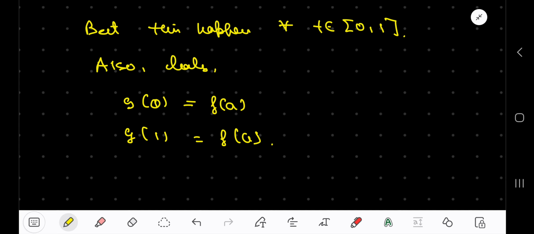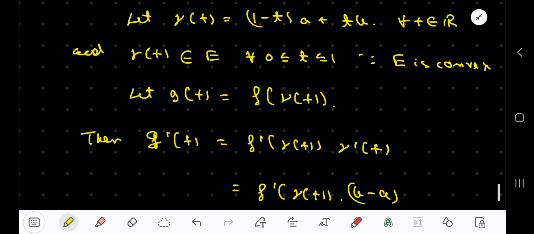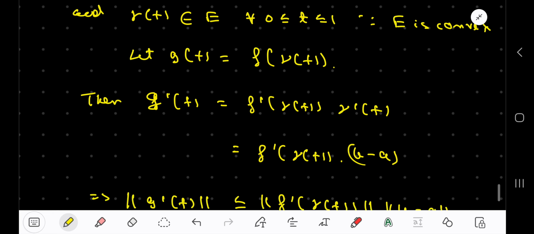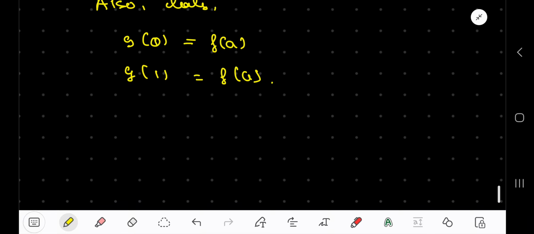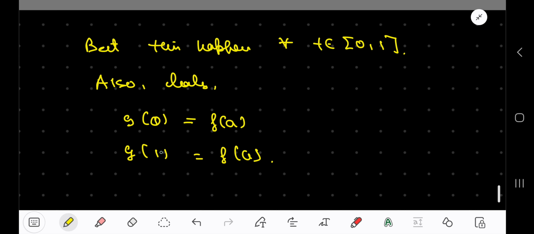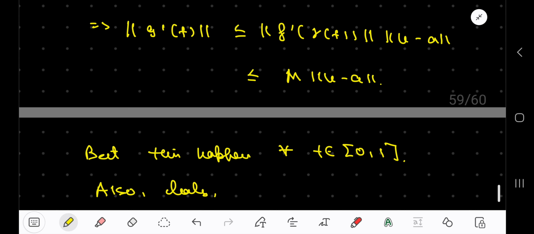Fine. Now you can observe that once we define g of t to be this, then this is actually a function over R, because I am choosing t from R. So I can think of the mean value theorem being applied, because g takes in t, which is a real number.